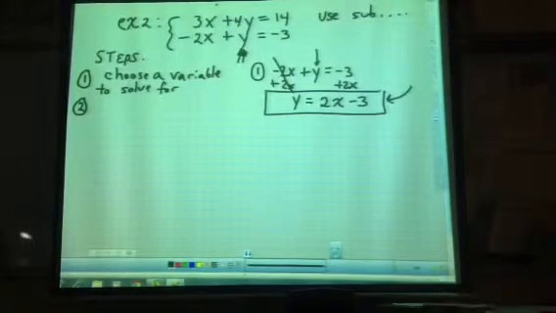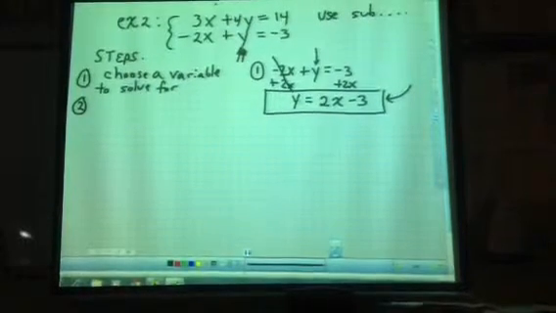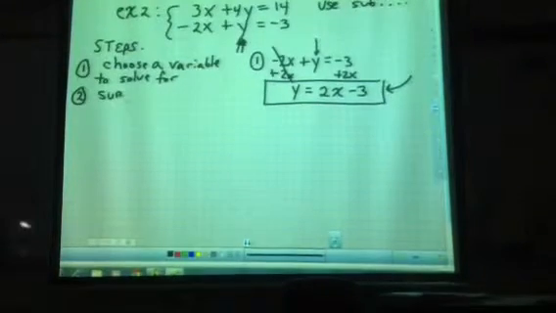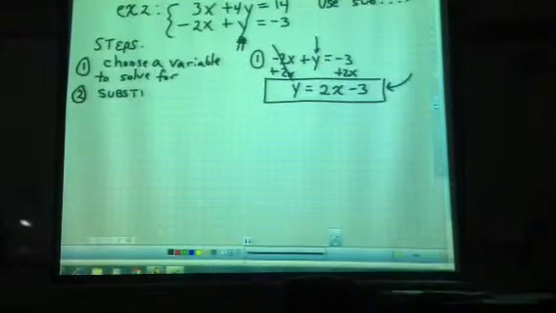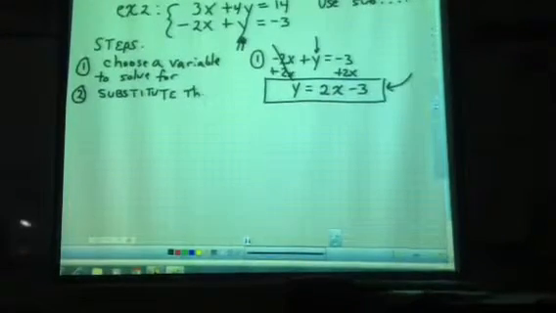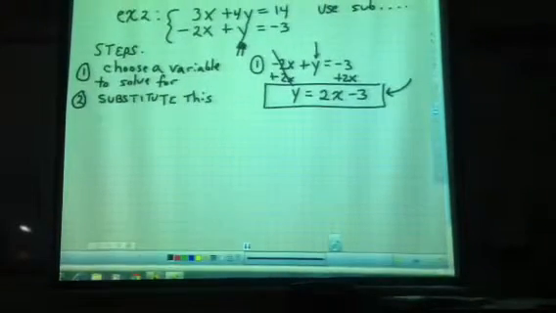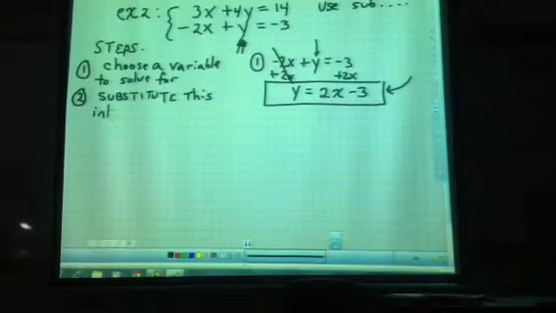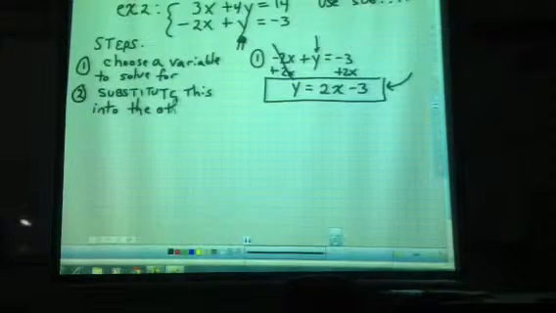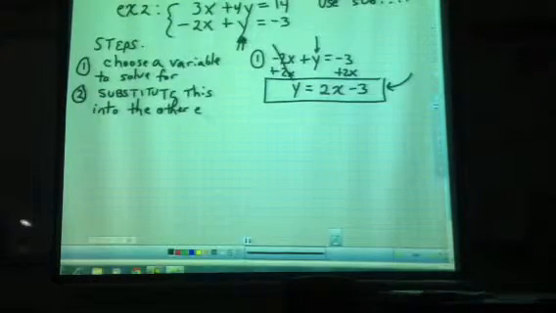Anyway, what had happened was, in step 2, once you solve one equation for a variable, you will substitute this into the other equation.